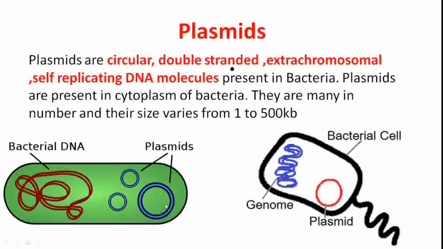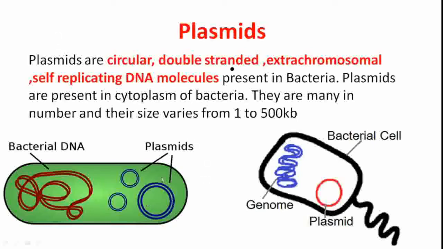This is also a DNA, but this DNA molecule is circular in shape and also double stranded, and this one is called plasmid. The original chromosome is the bacterial DNA, but this is also an extra DNA molecule. That is why it's called extra chromosomal.